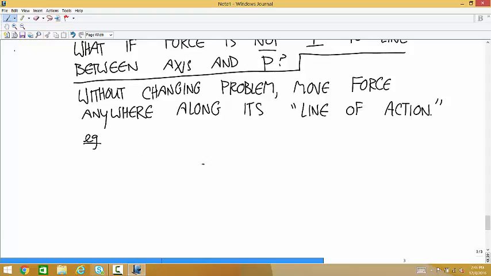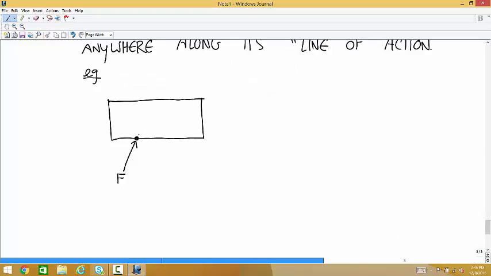So, for example, if this is the body and the force really is physically applied here, without changing the problem, you can move that force to anywhere along this dotted line.